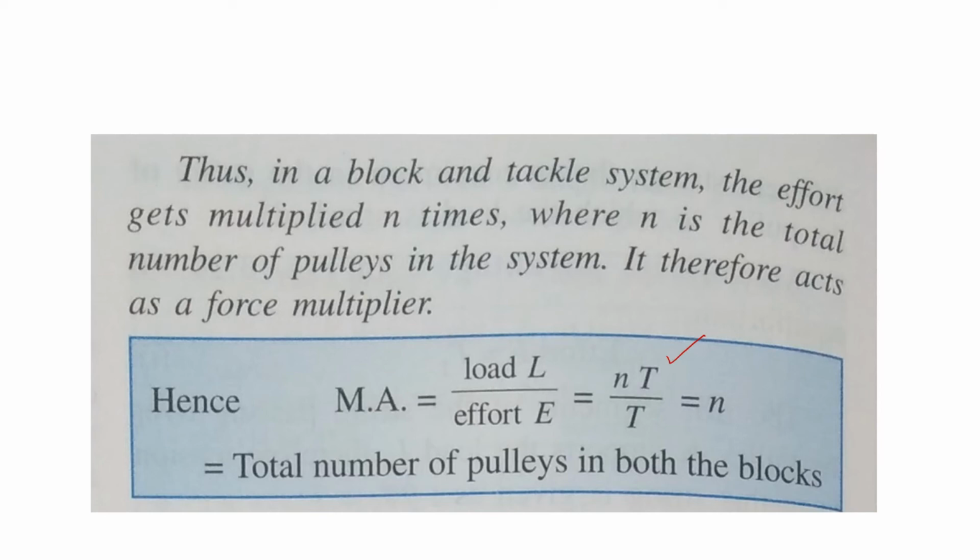Load is equal to nT, as I told you, and effort is equal to T. So, mechanical advantage is equal to n. We have seen that if there are 5 pulleys, then mechanical advantage is 5. If there are 4 pulleys, mechanical advantage is 4. That means the total number of pulleys in both the blocks.